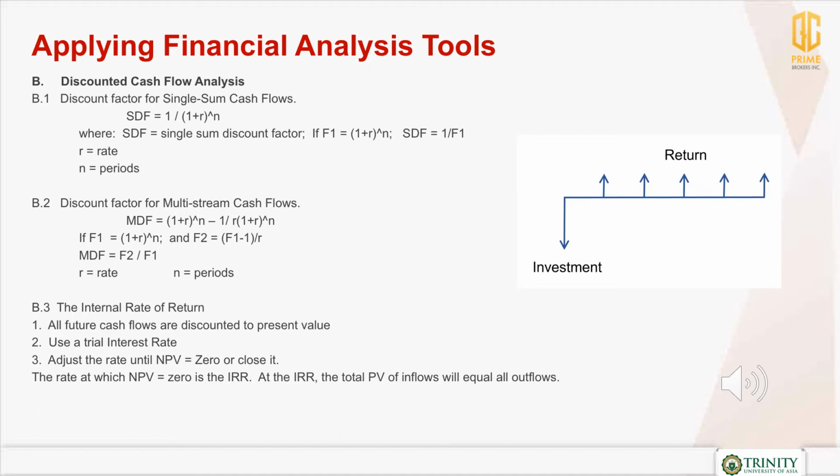And if you also will recall, the MDF is equal to F4, or the present value of an annuity. Again, R is equal to the rate, and N is equal to the periods.